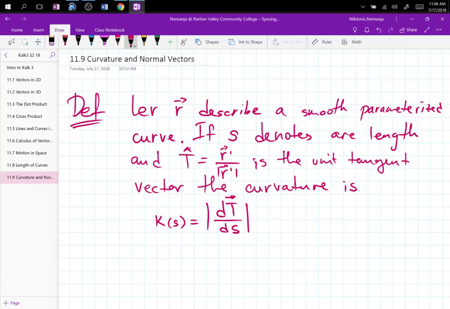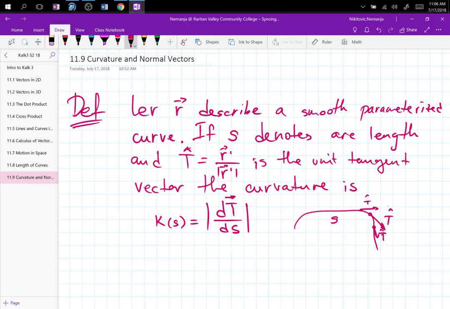I would argue it's simple to understand, because here is your curve that is parametrized, curve s, and then you have the unit tangent vector T. So this is your vector T hat, and now you see that this vector T hat turns as it goes around this curve s.